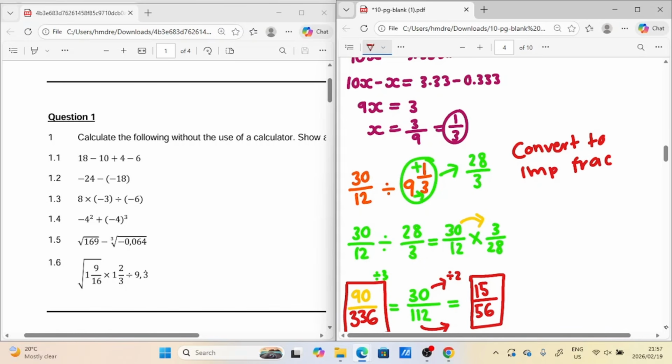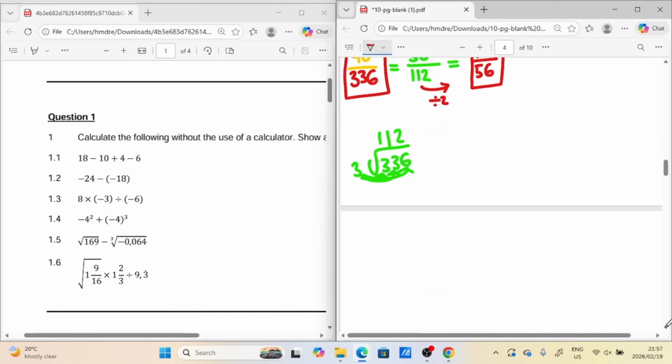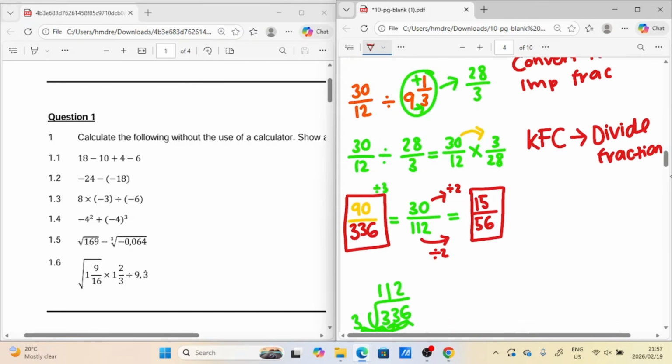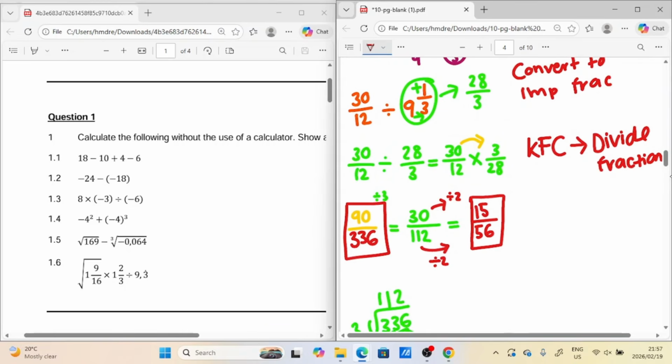And then did keep, flip, change to divide. And once we got our answer, we had to simplify our fraction as far as we could.